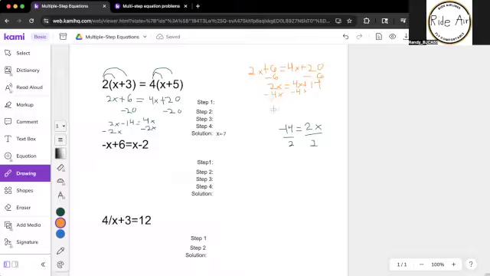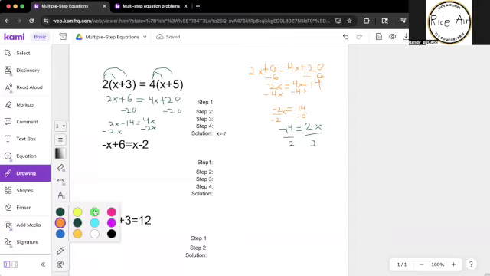Now that leads to negative 2x equal to 14. Now that also gives me my same answer. So that is number 1.